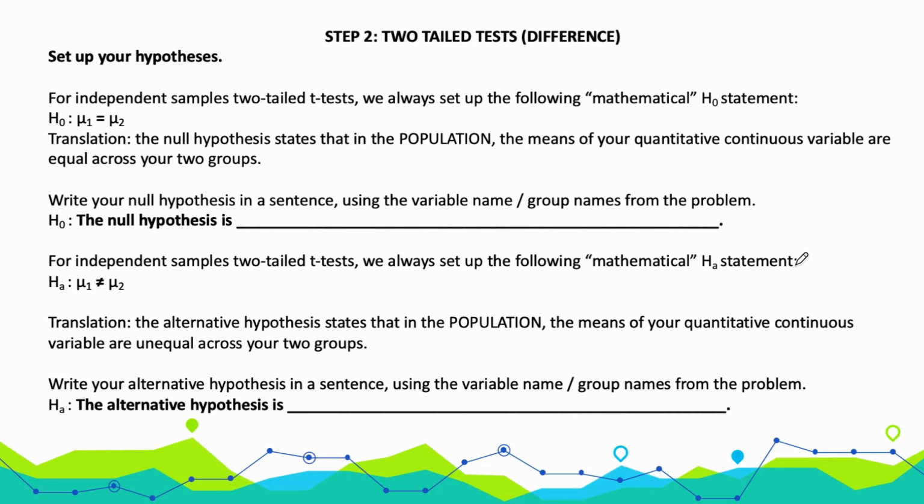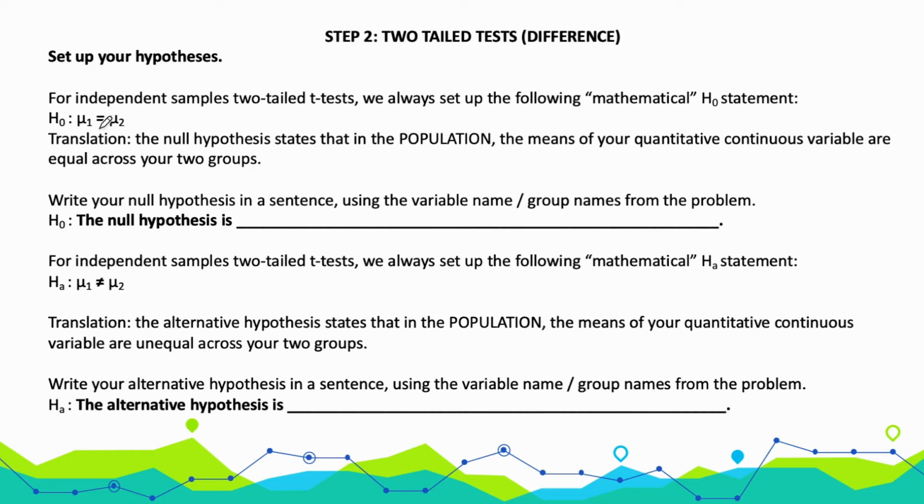Our next step, step 2, is to set up our hypotheses. For independent samples, two-tailed t-tests, we always set up the following mathematical null hypothesis statement. A null hypothesis would be that the mean at the population level of group 1 equals the mean of group 2 at the population level.